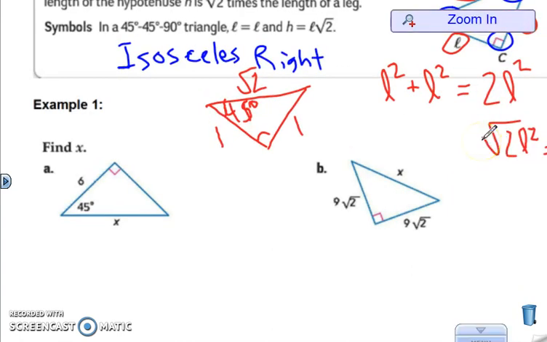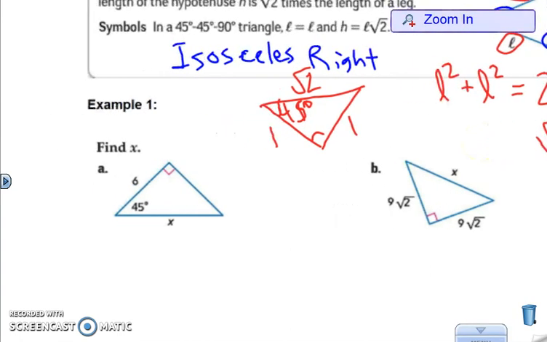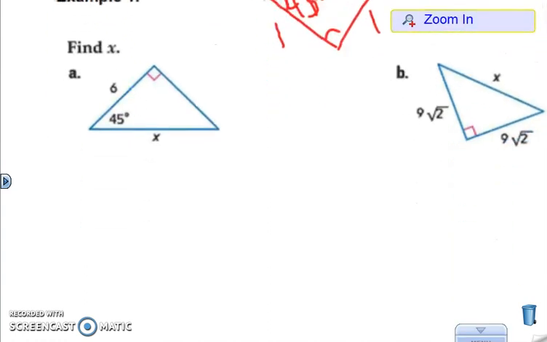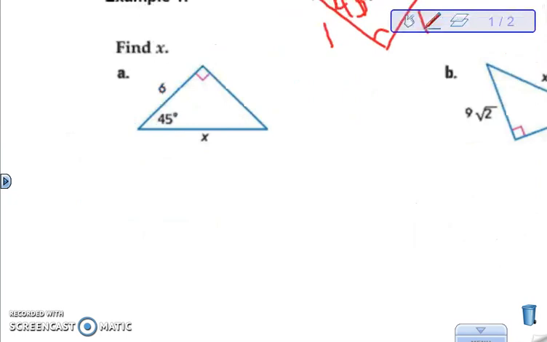I've been given the 45-degree angle, but I've only been given one side of that triangle. If it's been given that we have a 45-degree angle, and it's been given that we have a right angle, then my triangle must be proportional to the special right triangle, so it must have the proportions of 1, 1, square root 2.